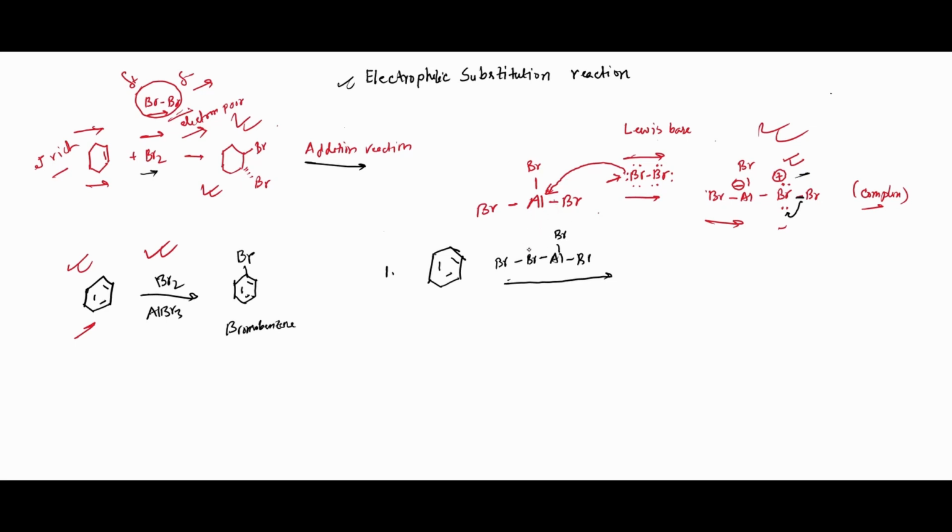So you already know that one of these bromines has positive charge on it, and the other has all 6 electrons. So one of the pi bonds will attack this bromine atom. This bond will break. Let me change the color again, and this bond will break and it will leave the electron on the other bromine atom.